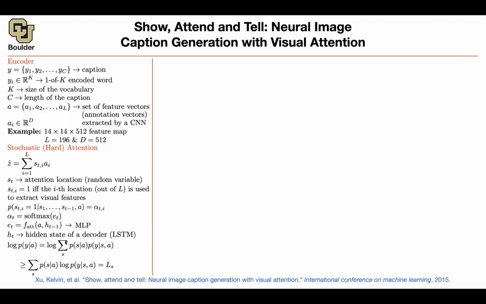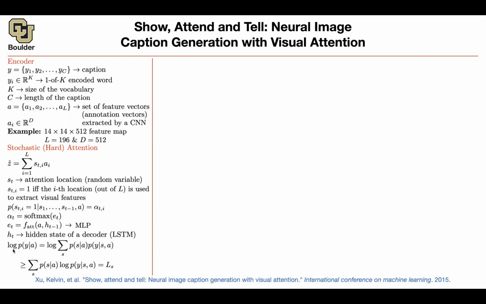And this summation, in addition to this probability, you can think of as an expectation. So you're taking an expectation with respect to S. So the log of the expectation is bigger than or equal to the expectation of the log, because log is a concave function. So that's what Jensen's inequality is going to tell us. Okay, we're going to use that.